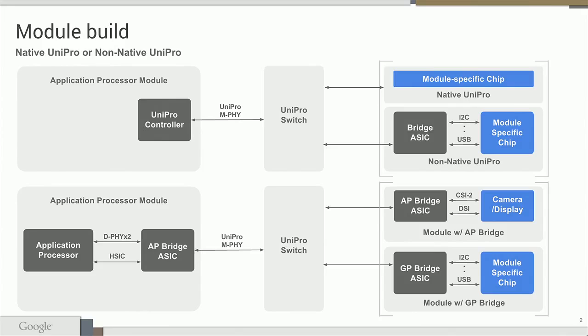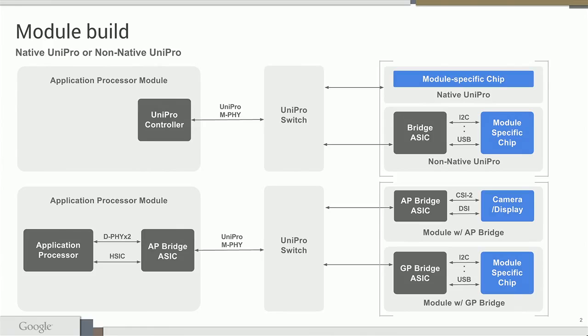In the native implementation, the UniPro functionality is integrated along with the module-specific function in a given SoC, so that it's all integrated under one SoC. In a non-native implementation, the module-specific chip is a separate chip, and the UniPro network bridging function is a separate ASIC. So they're discrete.